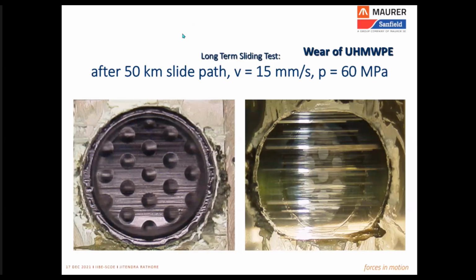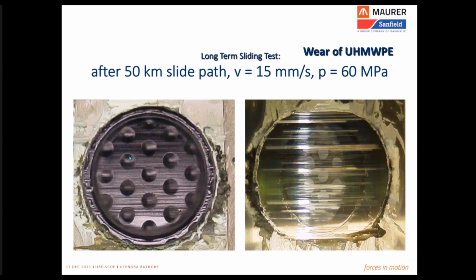A similar long-term sliding test was repeated on this material, but with slightly different parameters. In case of PTFE, it was 10 kilometers. In case of UHMWPE, it was tested for a 50 kilometer slide path. Velocity was kept up to 15 millimeter per second, and stress level at 60 MPa, which is almost double the PTFE stress level. And you could see the disc of UHMWPE is still intact.